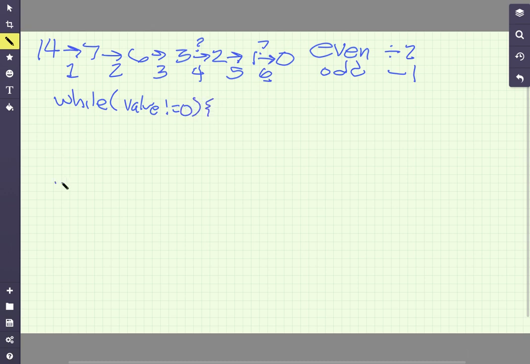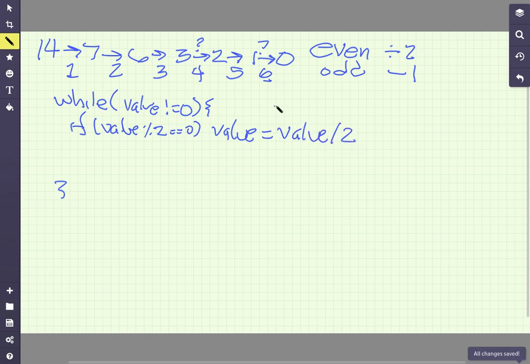It's so much easier to write like this. While the value is not equal to 0, if value modulo 2 is equal to 0, so if it's even, then you're going to divide by 2, so value is equal to value divided by 2, with math floor in there, just in case of the decimalization or whatever.